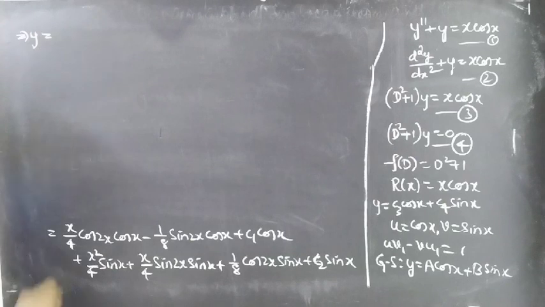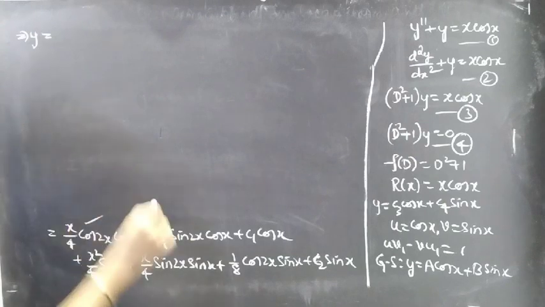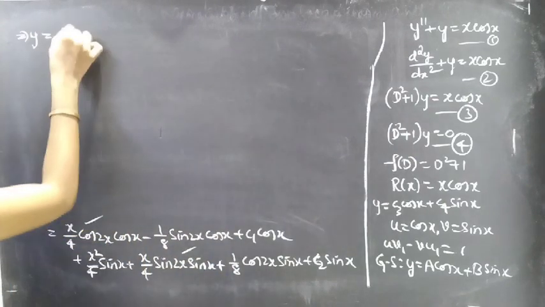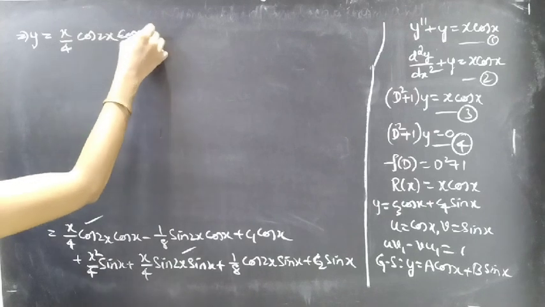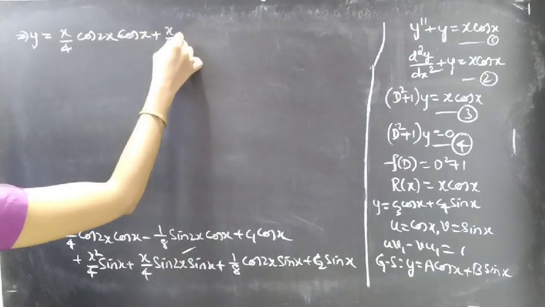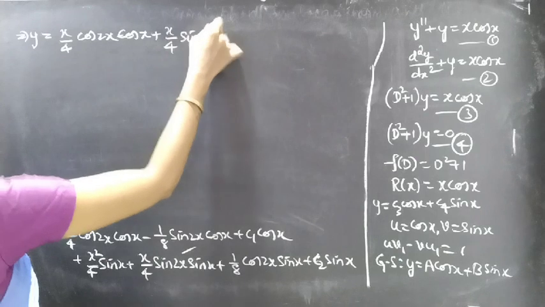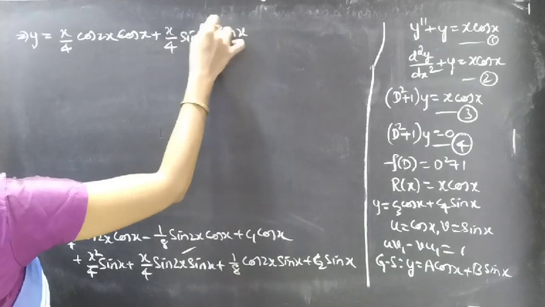This gives us, now write the terms involving x by 4 firstly. We'll have x by 4 cos 2x cos x plus x by 4 sin 2x sin x.